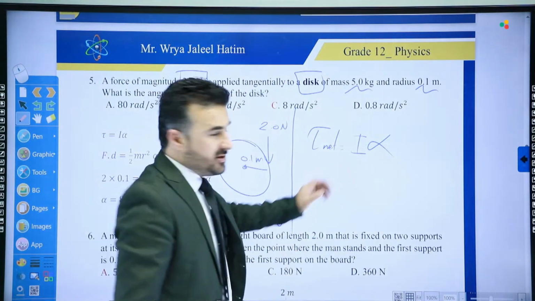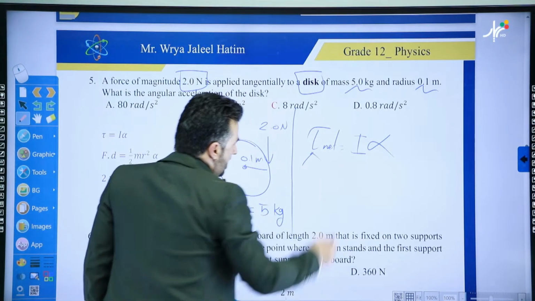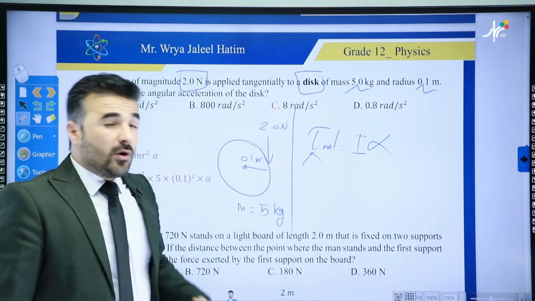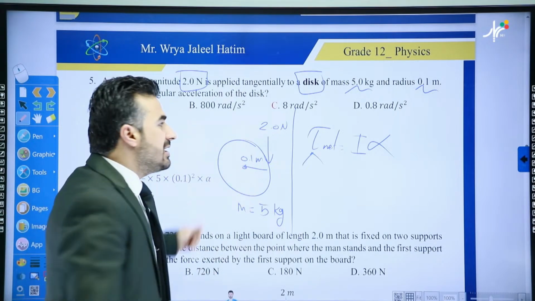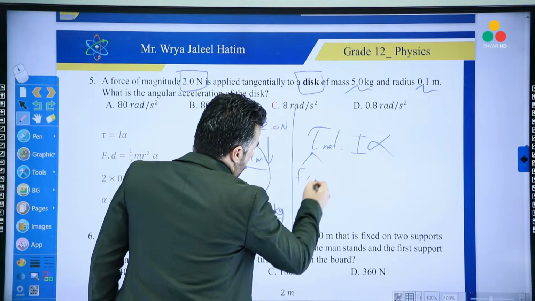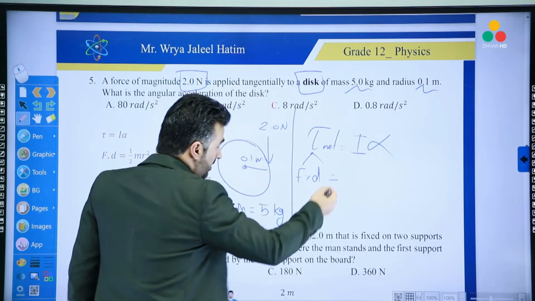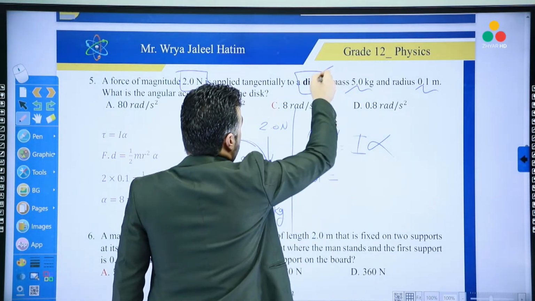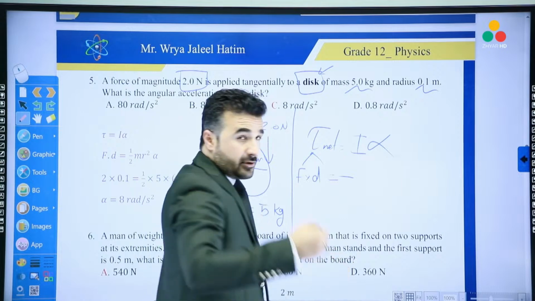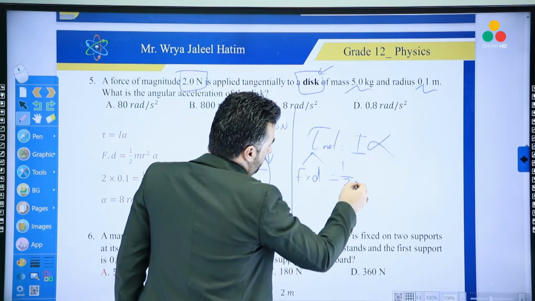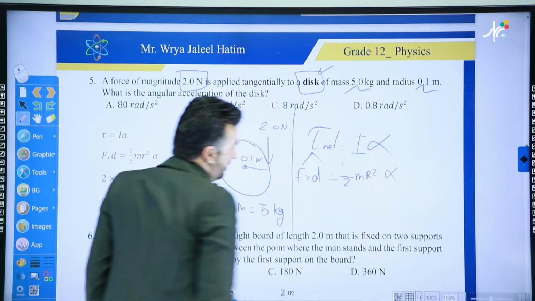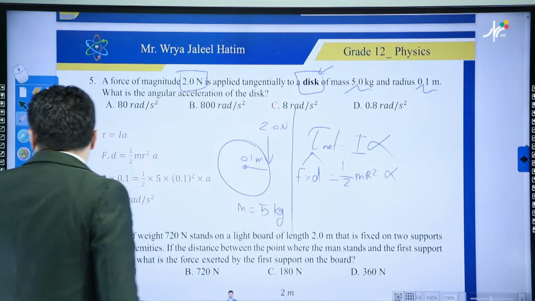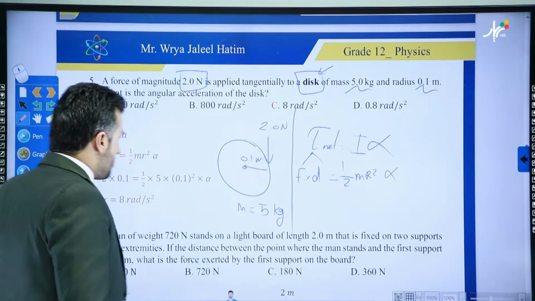So how about we substitute numbers here? But do we have the net torque here? No. What do we have instead? We have the force and the radius, yeah? So can I write force times the distance here? Excellent. And instead of moment of inertia, since I have a disk, the moment of inertia of a disk is 1 over 2 times the mass times the radius squared, once again multiplied by the angular acceleration. Now substitute the numbers, do the math, and you will get the answer.